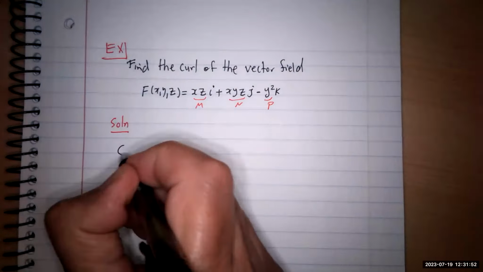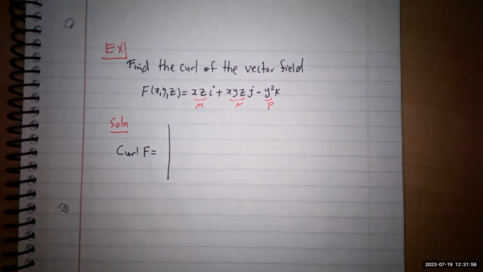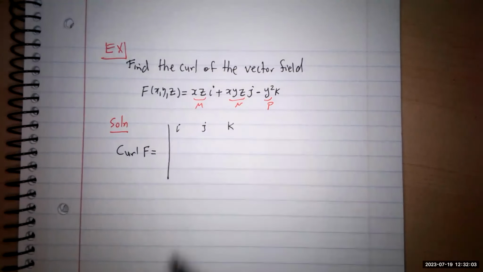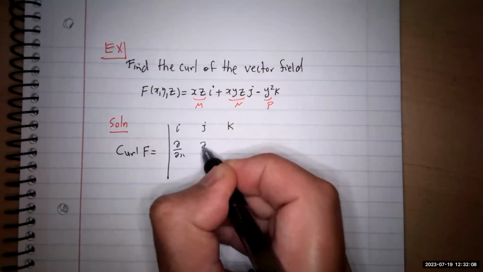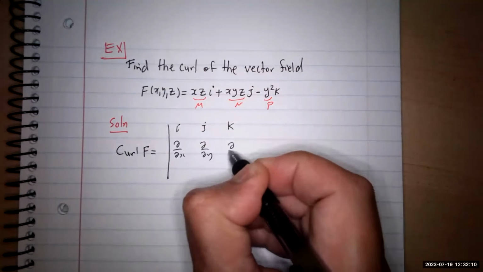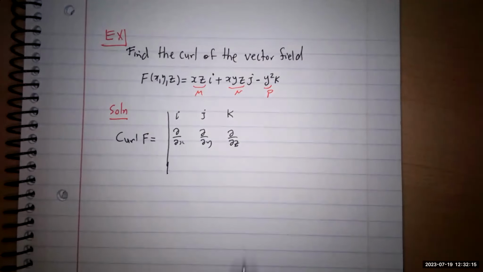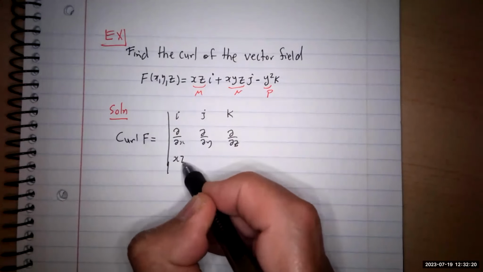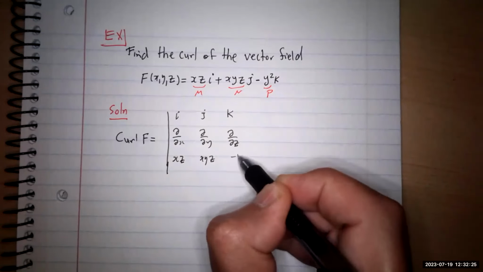Curl of F is equal to the matrix i, j, k; derivative with respect to x, derivative with respect to y, and derivative with respect to z; and the functions M, N and P. M is xz, N is xyz, and P is negative y squared.